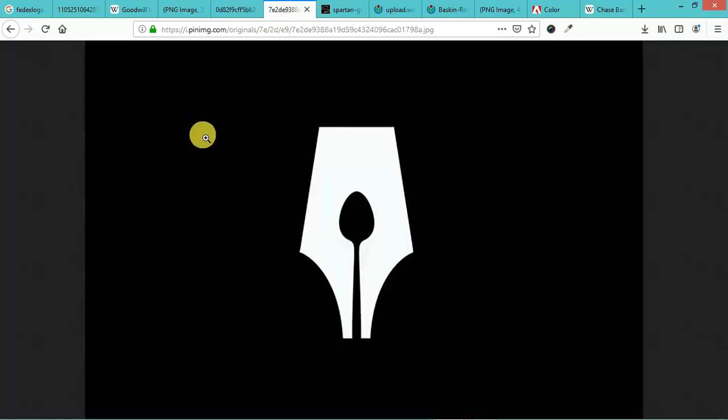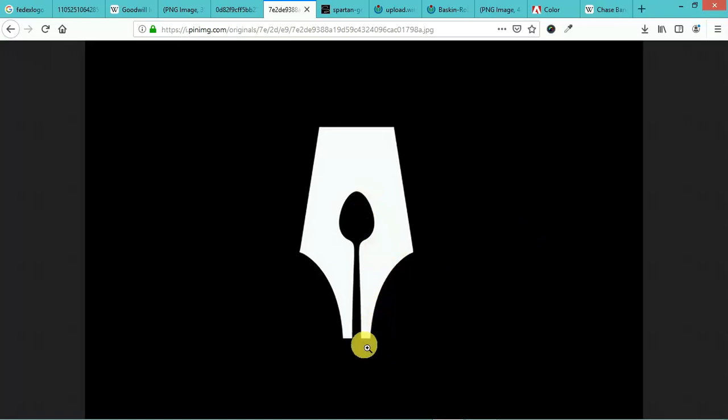Okay, this is a logo for the Food Writers Guild of America, and again, this has a really simple idea. You're combining two things. So this is for those who are familiar with old time writing implements. This is the nib of an ink pen, like an old style ink pen that you would dip into ink.